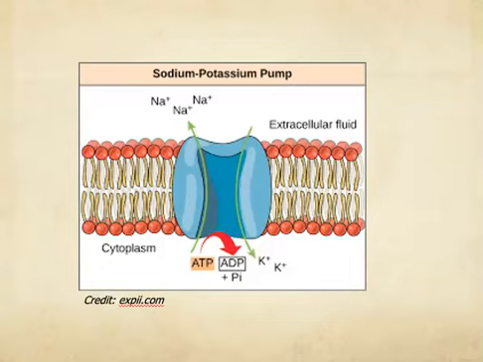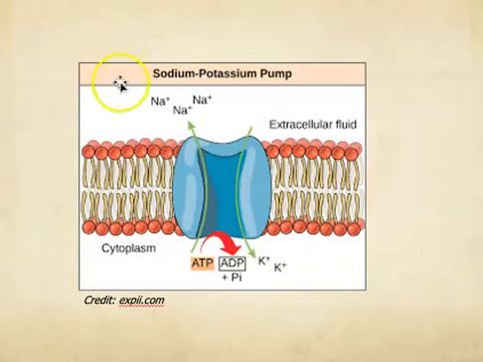Probably the best known active transport membrane pump is the sodium-potassium pump. This is a pump that meets our definition of coupled transport, and it's antiport. So it's moving two different ions, sodium and potassium, and it's moving them in the opposite direction. It's going to maintain a gradient.